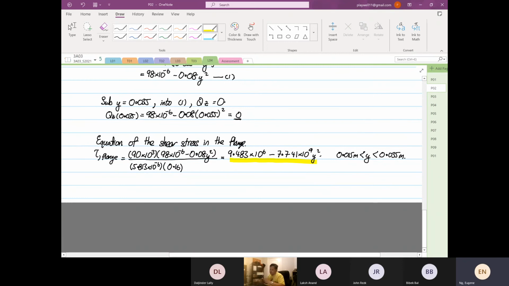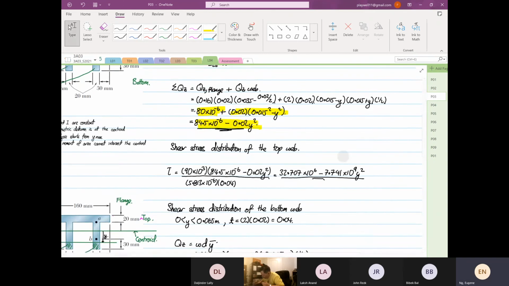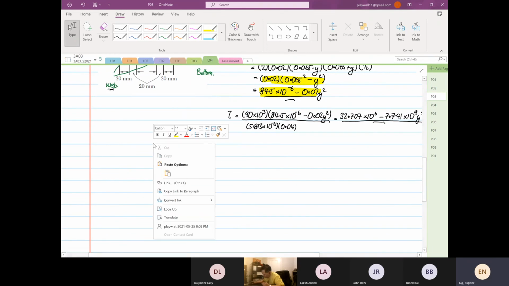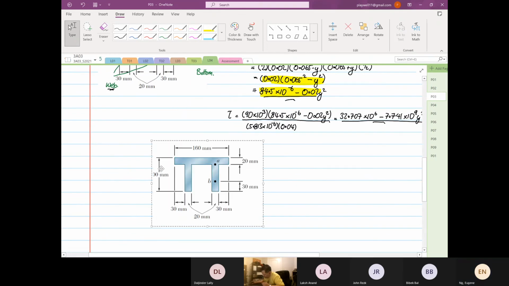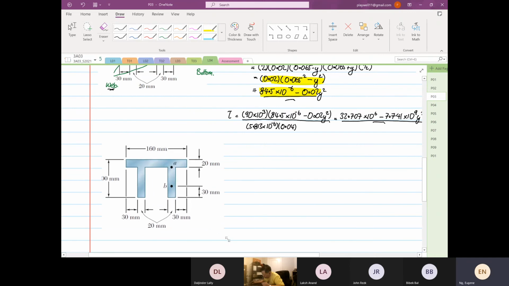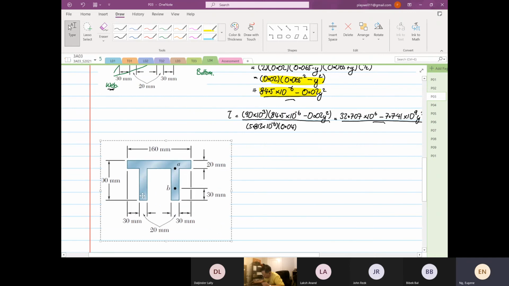Now let's briefly sketch this out. How does it actually look like? I'm going to do a sketch, and I'm going to label them also. I'm going to copy this diagram over here, so we have a bit of reference where we are looking at.